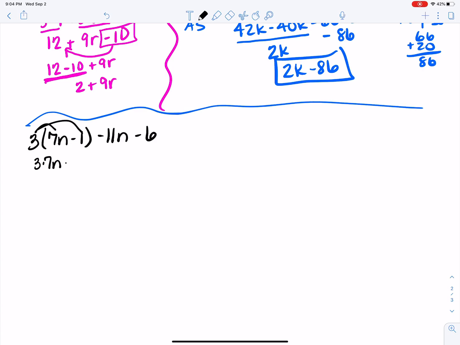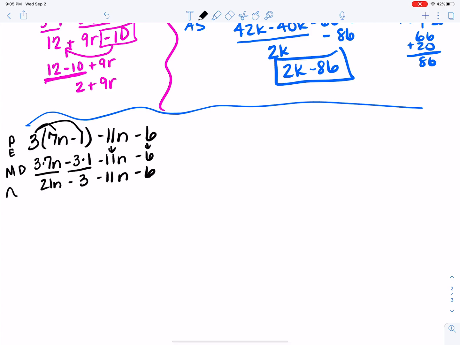Distribute. Subtract 3 times 1. Bring down your minus 11n. Bring down your negative 6. Do your multiplication. So 21n minus 3 minus 11n minus 6.